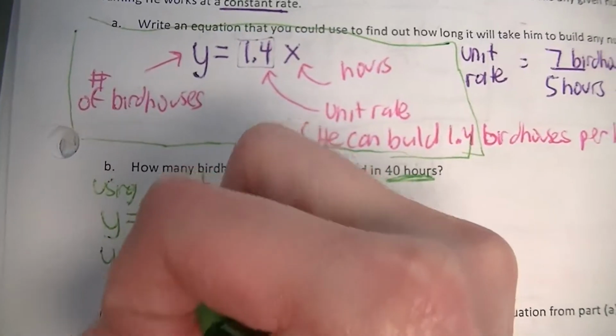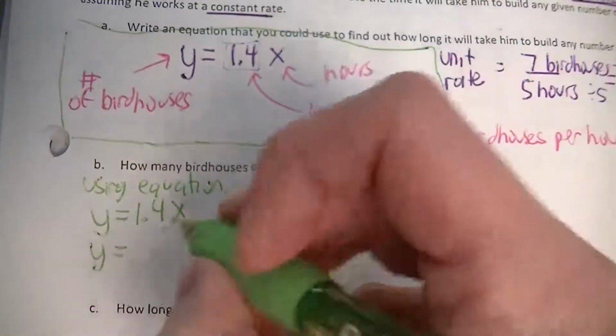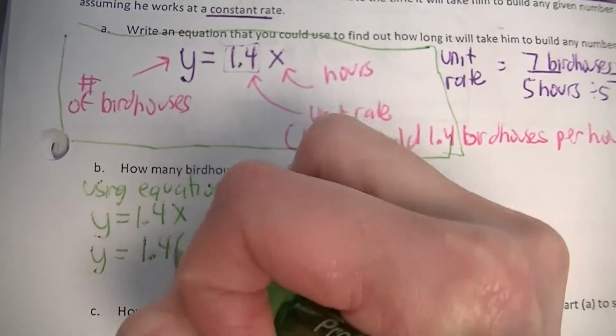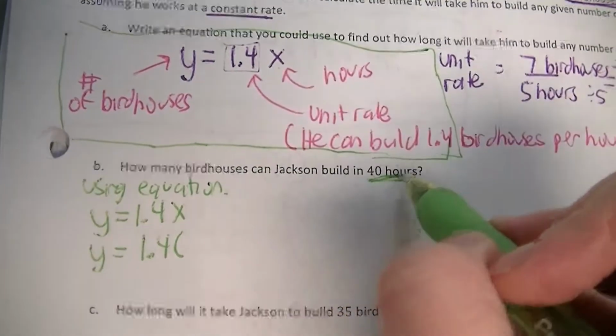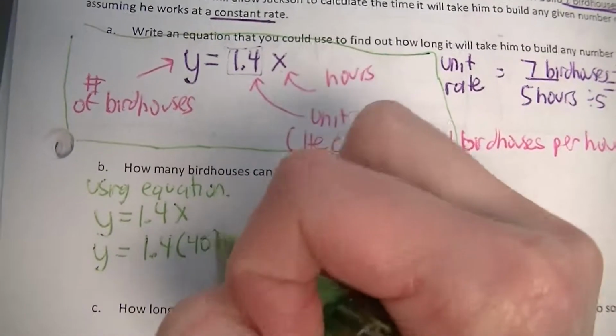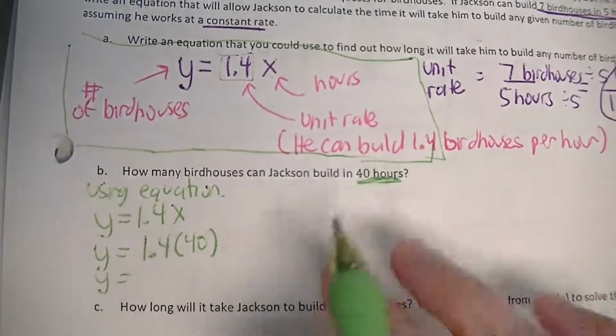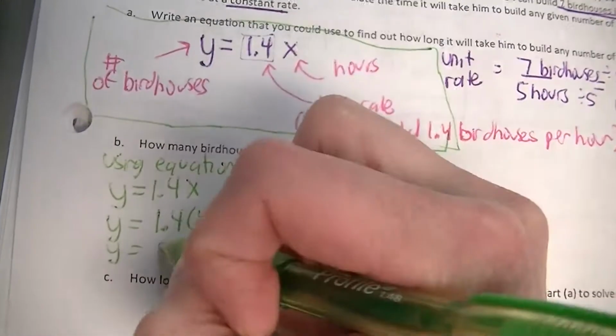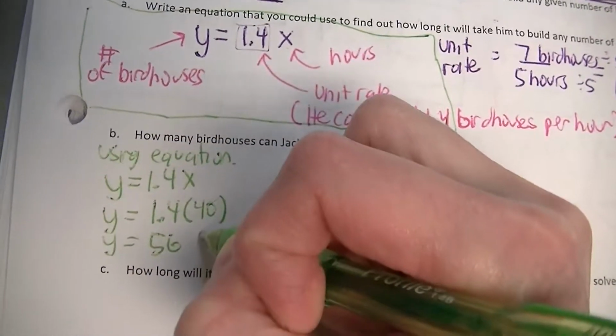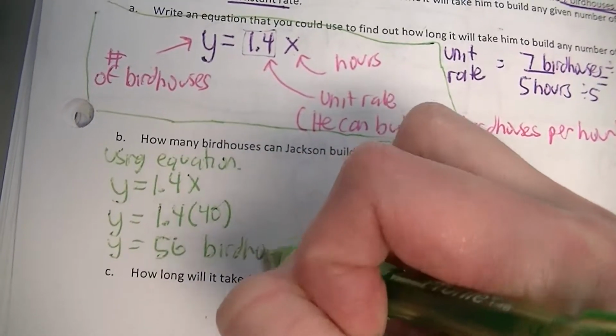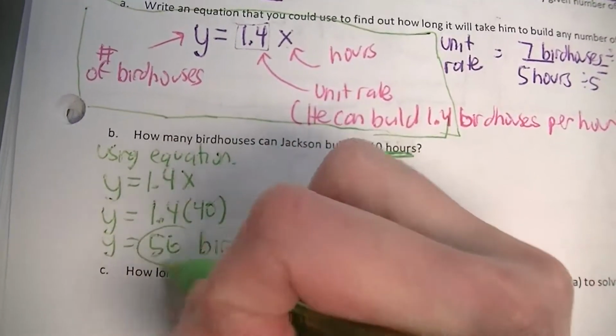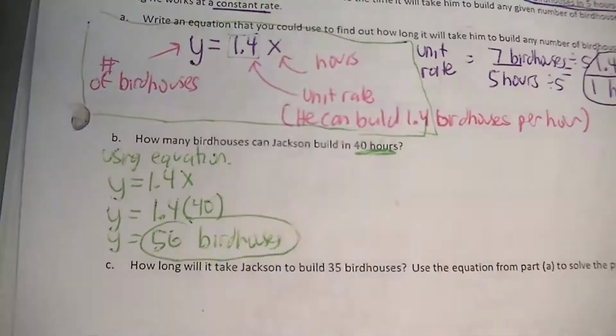So keep your y as a variable because we don't know the number of birdhouses yet, but we will. And instead of putting an x right there, you're going to substitute that value of 40. And so you will go 1 4/10 multiplied by 40, and you should get 56 birdhouses. That's how many Jackson can build in 40 hours.